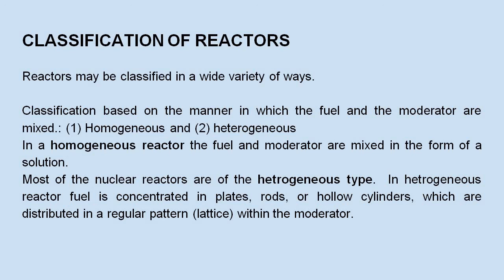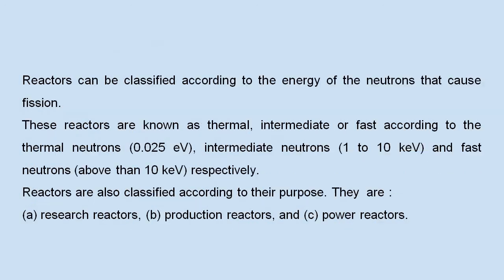Most of the nuclear reactors are of heterogeneous type. In a heterogeneous reactor, fuel is concentrated in plates, rods or hollow cylinders which are distributed in a regular pattern or lattice within the moderator. This type of heterogeneous reactor we have drawn in our figure.